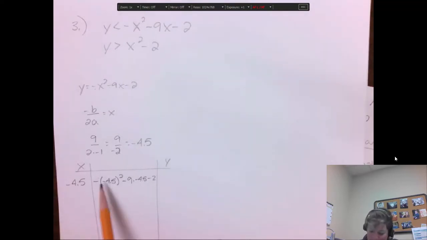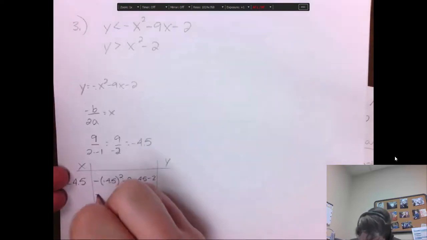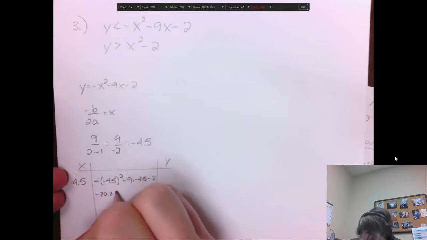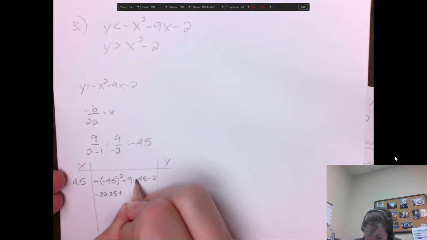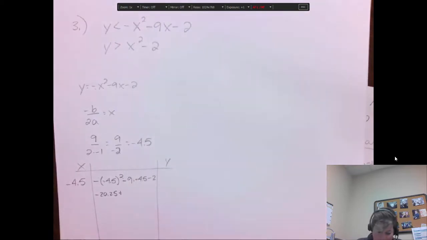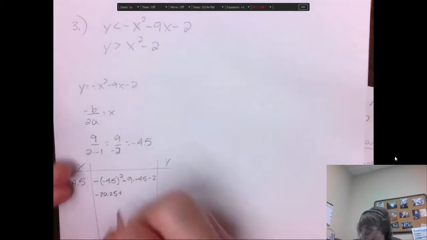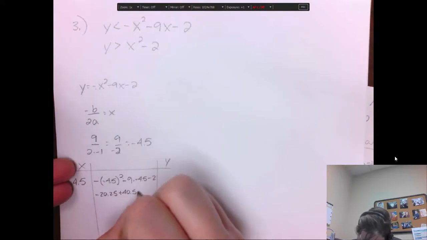So what happens when I have a negative squared? Well, that's going to become a positive. Make sure you use the parentheses. And that's going to be 20.25 or 20 and a quarter. And that's going to be negative, so negative 20.25 minus, well, this will become a plus because negative 9 times negative 4.5, 9 times 4.5 is 40.5, minus 2.